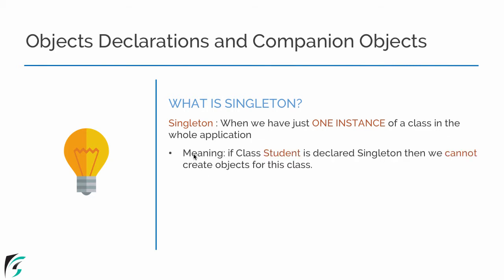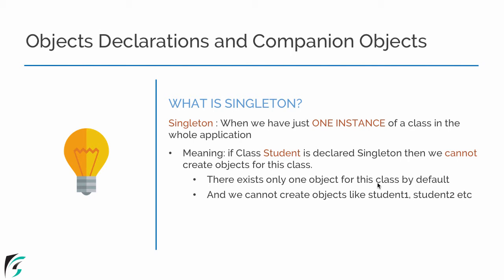It means that suppose we have a class Student which is declared as a singleton, then we cannot create objects of this class. There exists only one object for this class by default, which is created by Kotlin internally. In simple words, we cannot create objects like student1, student2, and so on. I hope I am clear at this point.